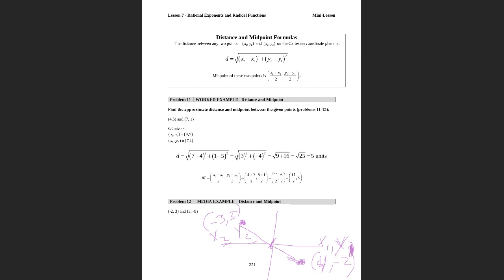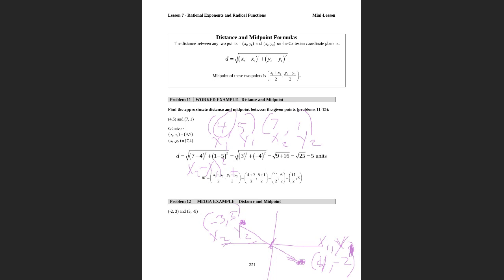All right, so look at this first worked example. So I have 4, 5, and then 7, 1. So if this is my x2, y2, x1, y1, you could see from the formula that my x2 is here minus x1, which is this guy, squared, plus my y2 is 1, my y1 is 5.